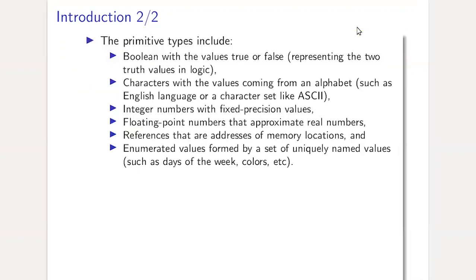And just for clarity, the primitive data types include the Boolean, which has the values of true and false, and the characters, which are from an alphabet, an encoding scheme like ASCII that we have available from our computer programming language, and integer numbers which have fixed precision, and floating point values, which represent real numbers.